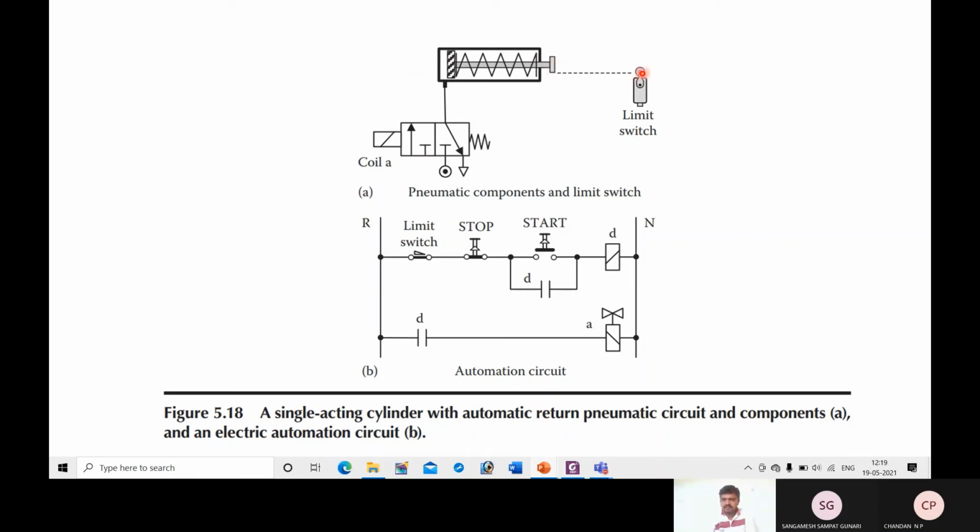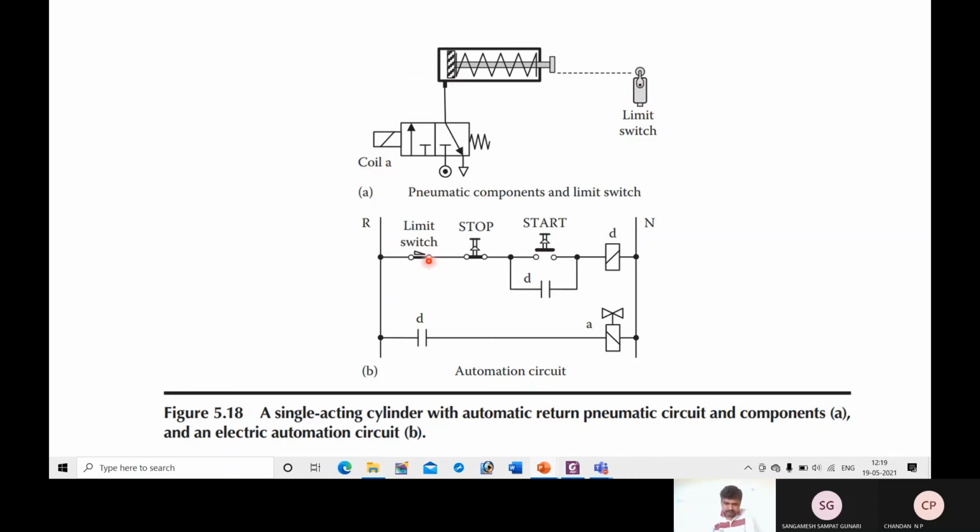Because of that, there will be a signal from the limit switch. Depending on this signal, we are able to stop it, or it will come back. Or if it is in the forward position, you are able to break this signal. Like that it will operate.